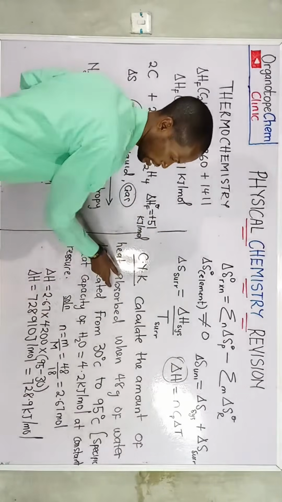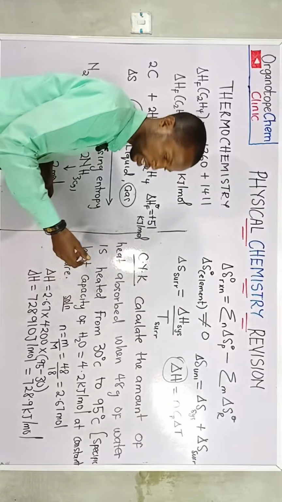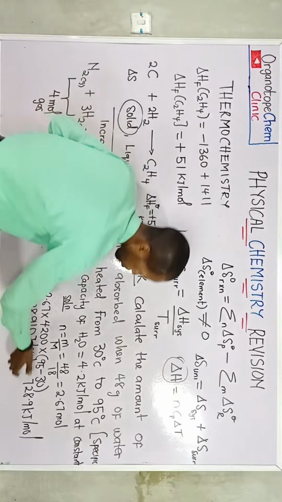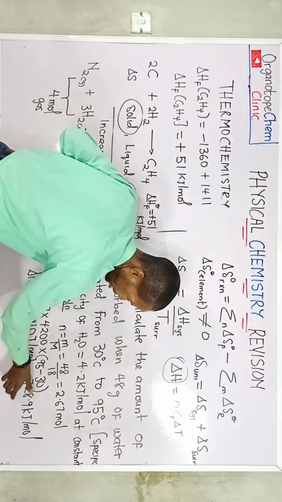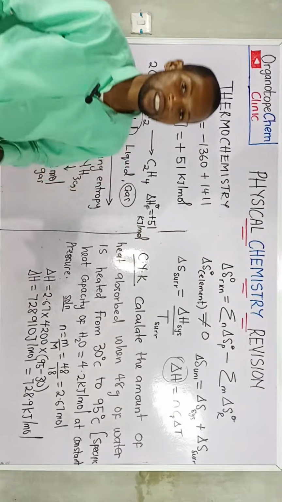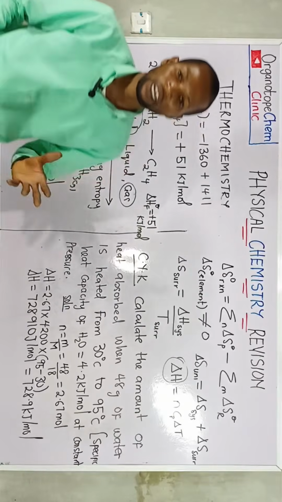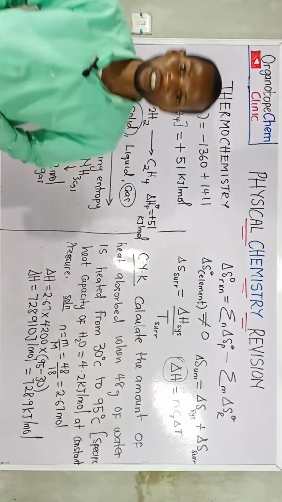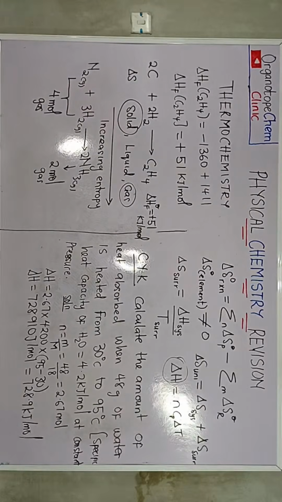That is if the heat is evolved. Since heat is absorbed, the final value of enthalpy will be positive. So that is the correct answer to this question. Make sense? Type make sense in the chat so that we can proceed.